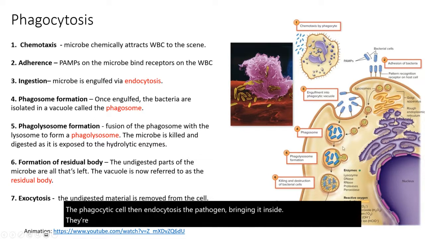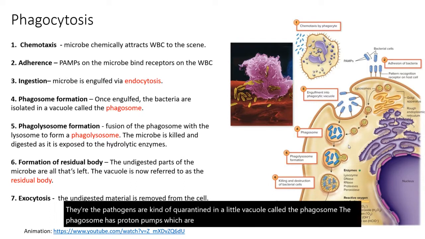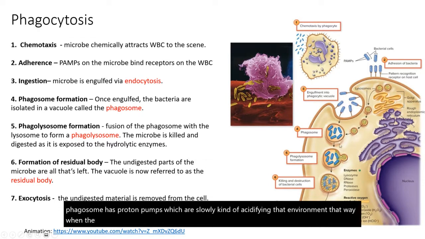There, the pathogens are kind of quarantined in a little vacuole called the phagosome. The phagosome has proton pumps, which are slowly acidifying that environment. That way, when the lysosome arrives and fuses with the phagosome, okay, the environment is compatible for those hydrolytic enzymes.